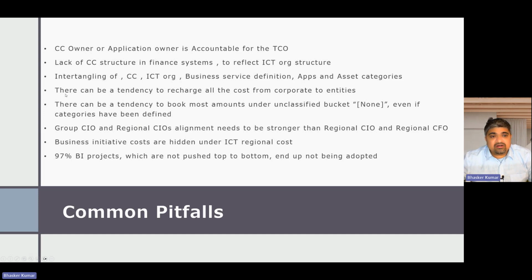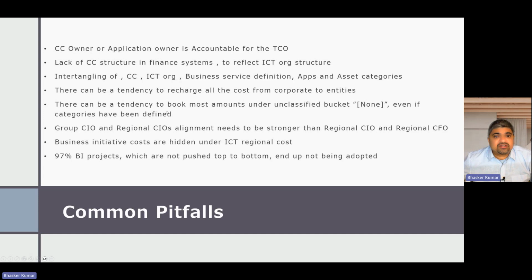Then there can be an overwhelming desire to recharge all your corporate costs to all your entities, and just having a tool will not change the general dynamics of the organization. So you have to go very slow. Yes, having granularity and the ability to defend what you are recharging is easier, but sudden changes don't happen.